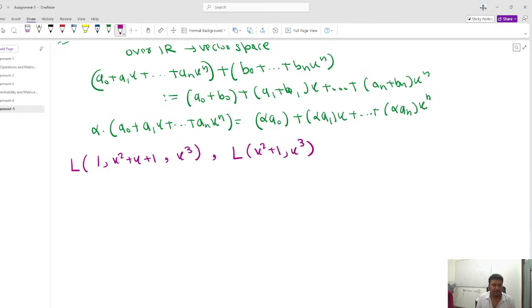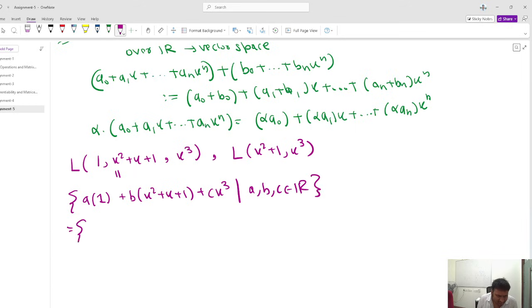So first of all we have to describe these. Let us describe the first one. It would be a·1 + b(x^2 + x + 1) + c·x^3, because this is all possible linear combinations, right? And that's how you define linear combination, where a, b, c are in R.